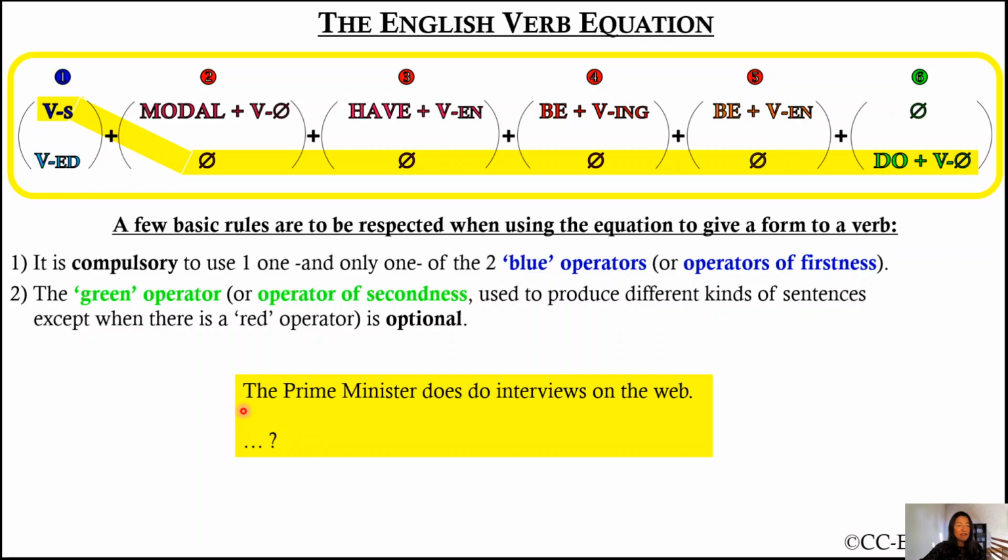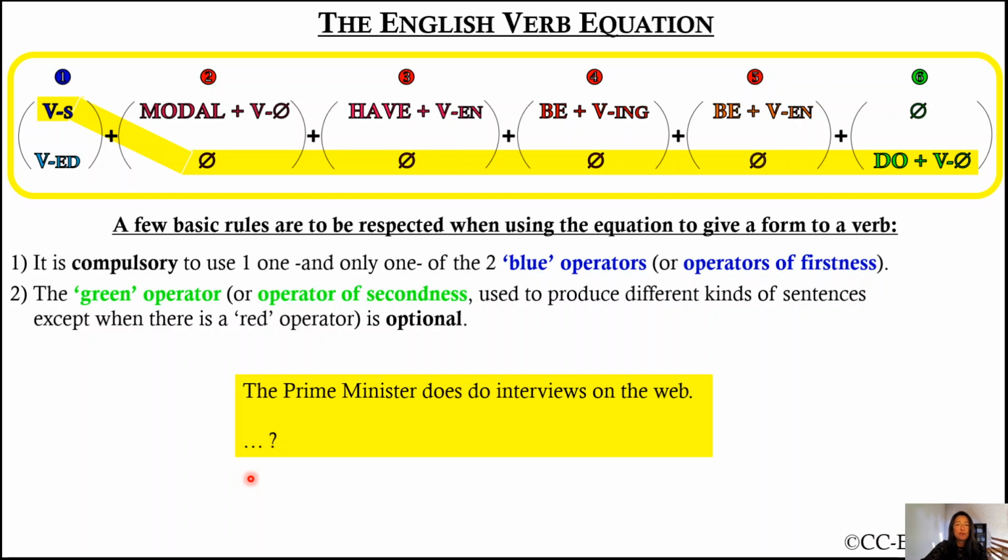Let's take another example. Let's say we want to make a positive interrogative sentence. You remember I have already mentioned in other videos how important it is, if you want to improve your English, to be very active and to answer the questions and make the translations before you can see them in the video.